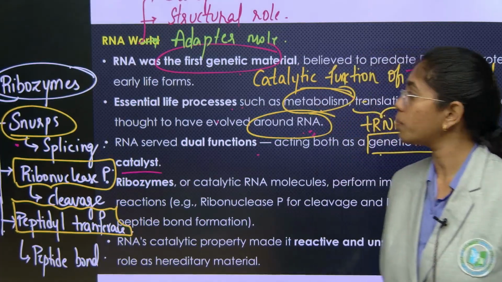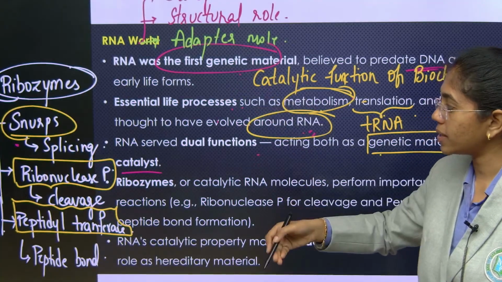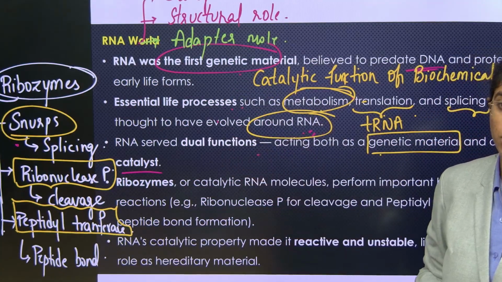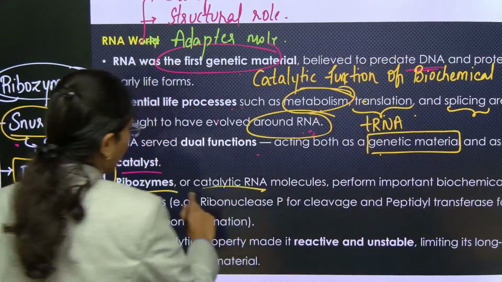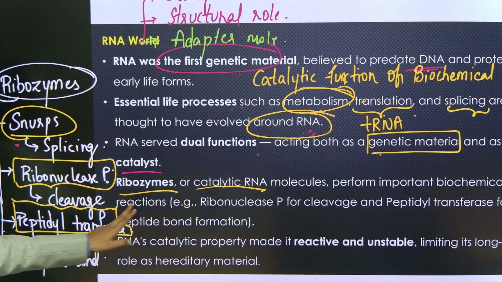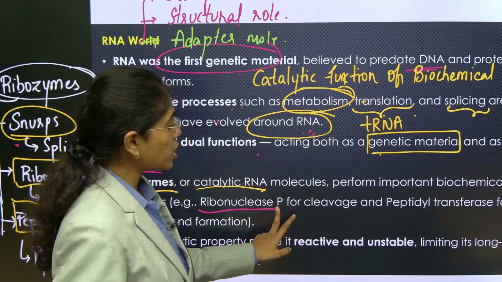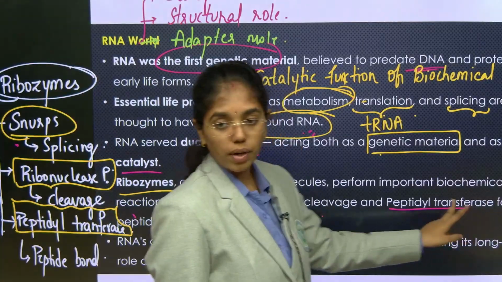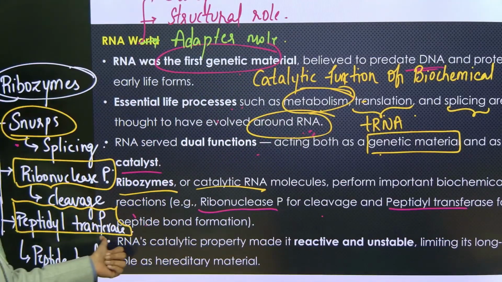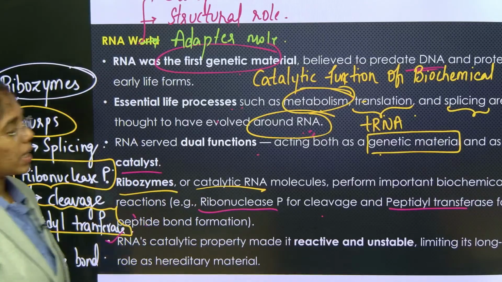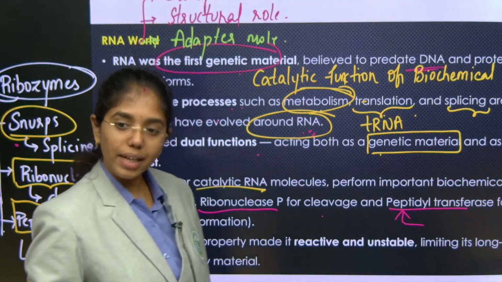Non-genetic RNA is present in the form of SNRPs, ribonuclease and peptidyl transferases. So ribozymes, or catalytic RNA molecules, perform important biochemical reactions. Two such examples: ribonuclease P for cleavage, peptidyl transferase for formation of peptide bond. Peptidyl transferase is synthesized from 23S rRNA or 28S rRNA.